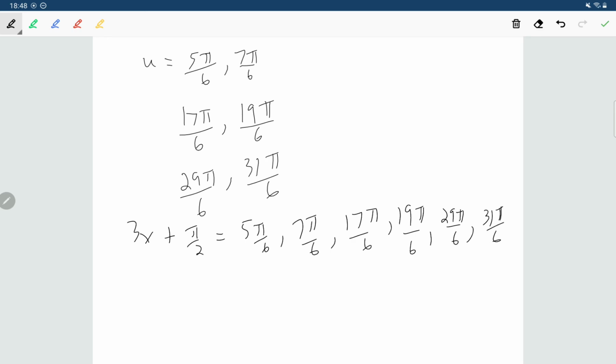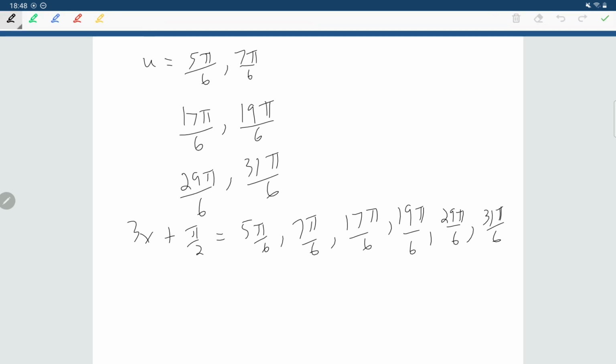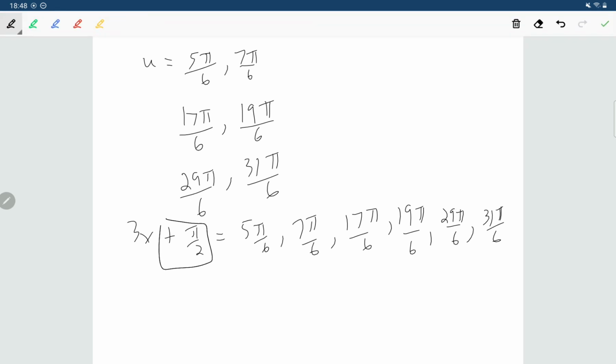And now to solve for x, we simply need to isolate x. We just need to subtract pi over 2 from everybody and then divide everybody by 3. So first I'm going to subtract pi over 2 from everybody.